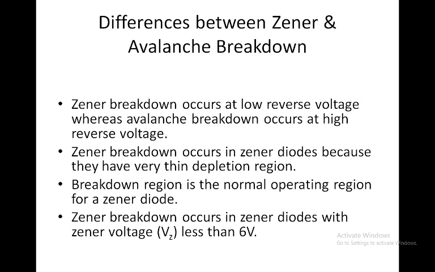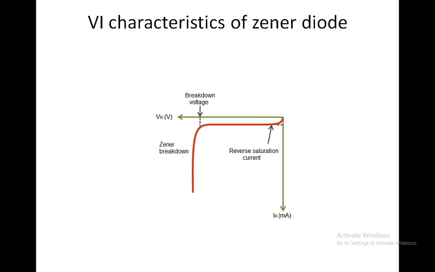That's why Zener breakdown occurs in it. The breakdown region is the normal operating region for a Zener diode. As we said earlier, Zener breakdown occurs in a Zener diode with Zener voltage less than 6 volts.